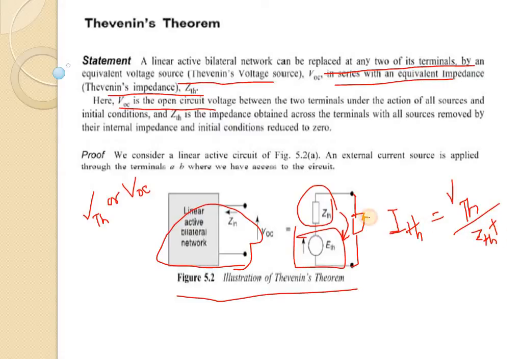Let this be ZL. Then it will be ZTH plus ZL, and with the help of this we can calculate the current in the desired branch. Now we will see the steps we can take to complete the Thevenin theorem.